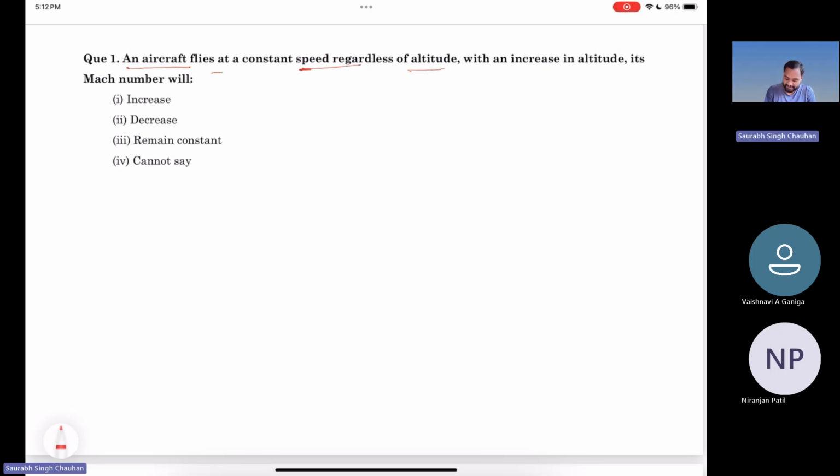It is given that speed is constant. So u is constant at all the altitudes. Let us say u0 at one altitude and u1 at another altitude, then it is given that u0 is equal to u1.